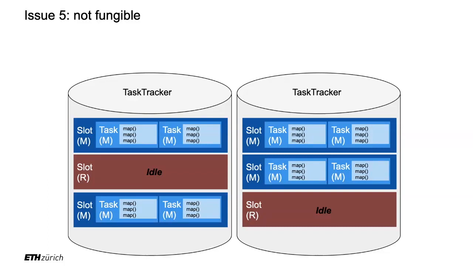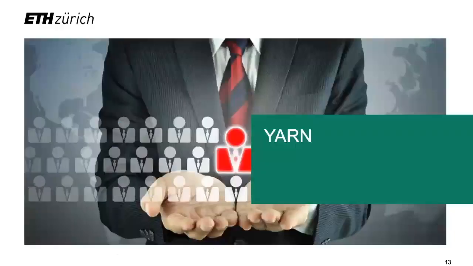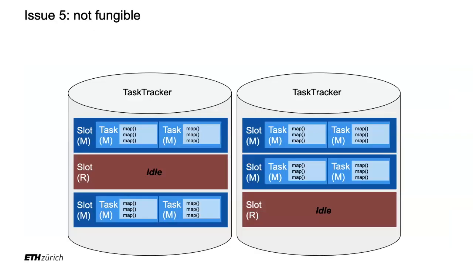Because you need all the key values for every call of the reduce function. So basically, a good part of the cluster just remains idle while the map phase is going on. And the same goes during the reduce phase, when it's the map slots that remain idle. So this is not very efficient, and it would be nice if we could have something a bit more dynamic than that.